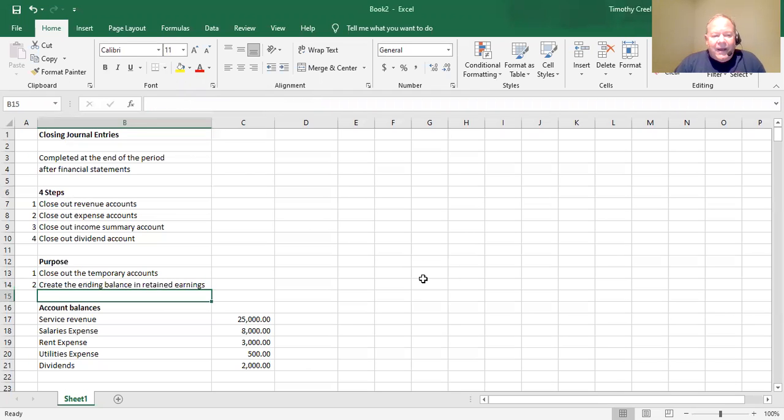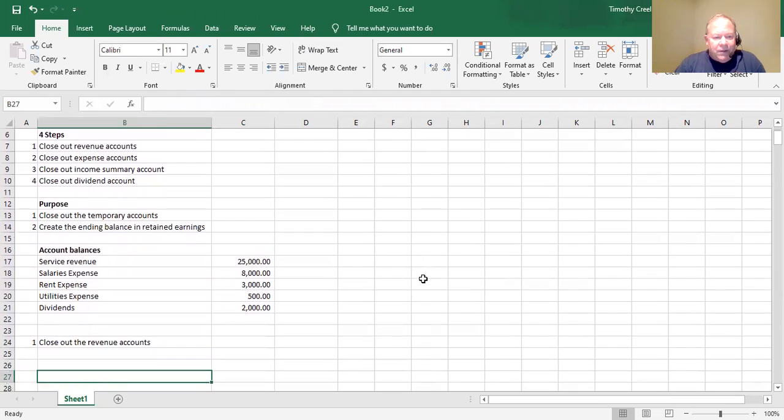So I've got a real basic example here, but this will work. Got a few account balances here: service revenues, salaries expense, rent expense, utilities expense, and dividends. So the first step is we want to close out all the revenue accounts. Now, whenever you want to close out an account to zero, you want to look at what's the normal balance in that account, and you want to book an entry to that account that's just the opposite of the balance that's in the account.